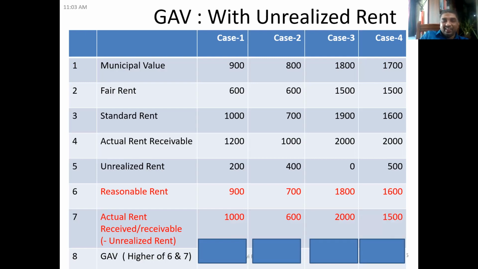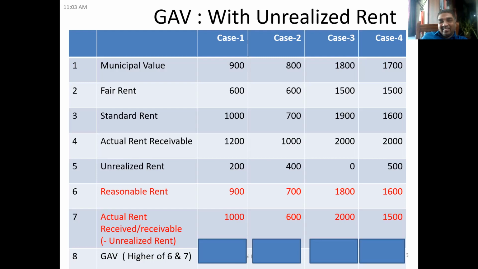Now you tell me what is gross annual value. Reasonable rate or actual rent received or receivable, whichever is higher. So first one is 1200? Where are you getting 1200 from? Sir, 1000. Now you see, reasonable rent or actual rent, whichever is higher.